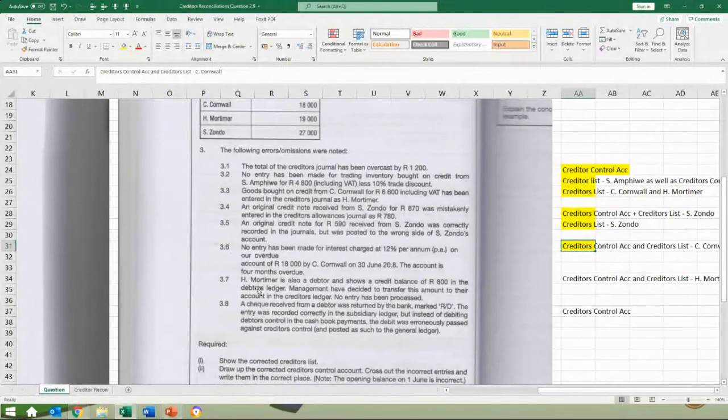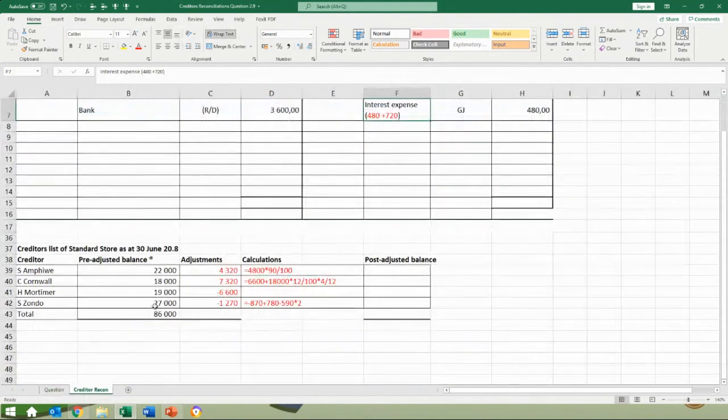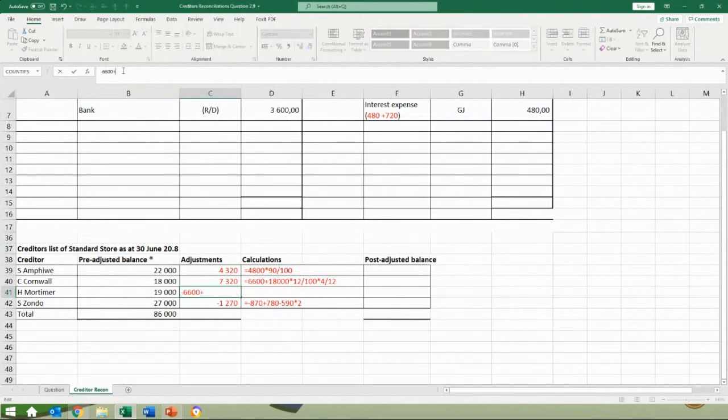Then 3.7 is we've got a debtors balance, a negative debtors balance for H Mortier, but we want to move it to our creditors balance now. So what we have to do is we add 800 to H Mortier's account here for their balance.